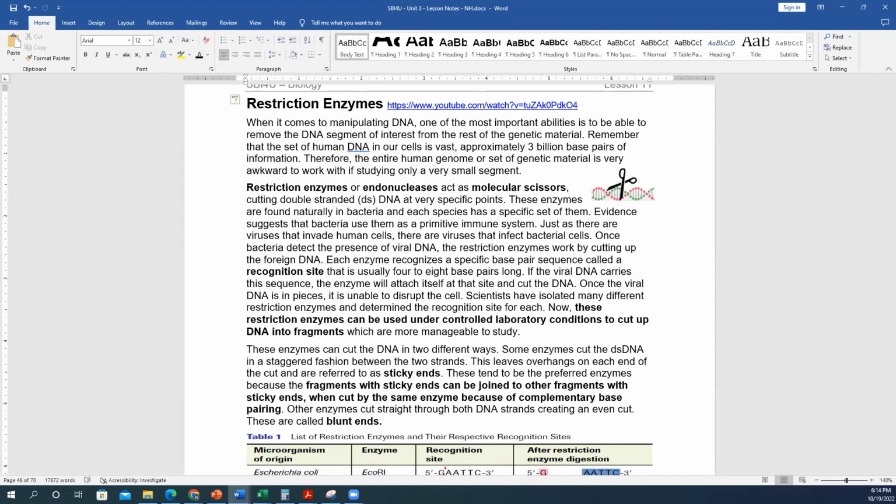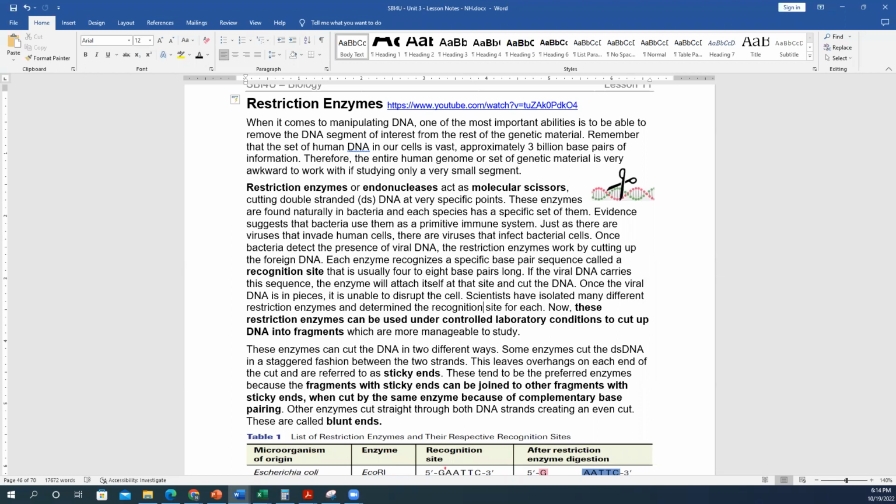When the bacterium detects viral DNA, it produces restriction enzymes that cut up this foreign DNA and therefore end the infection.